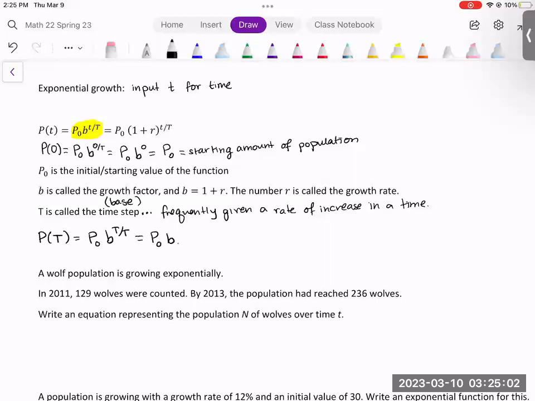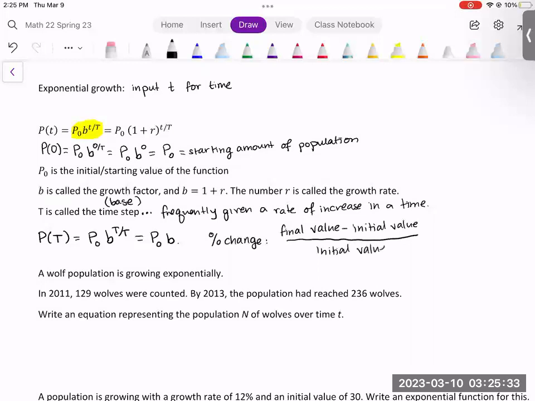And to say what this growth rate means, we can look at the percent change by saying: what is the final value minus the initial value, over our initial value.